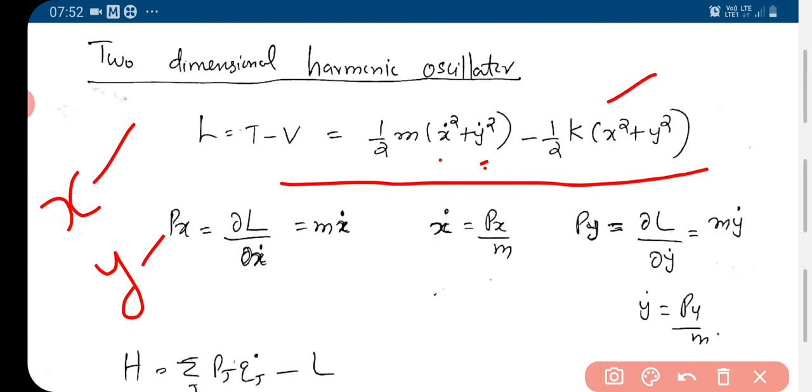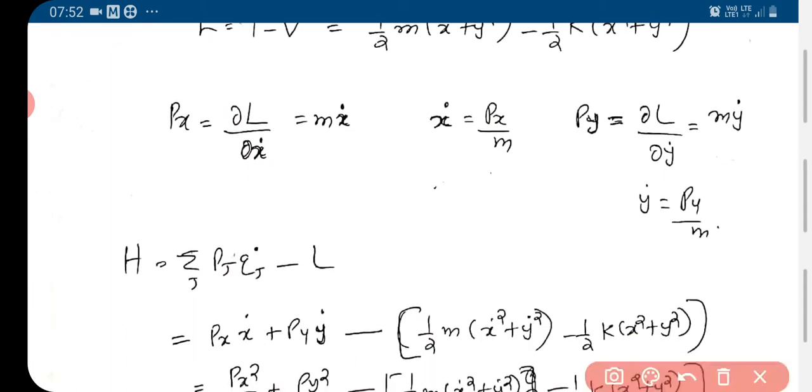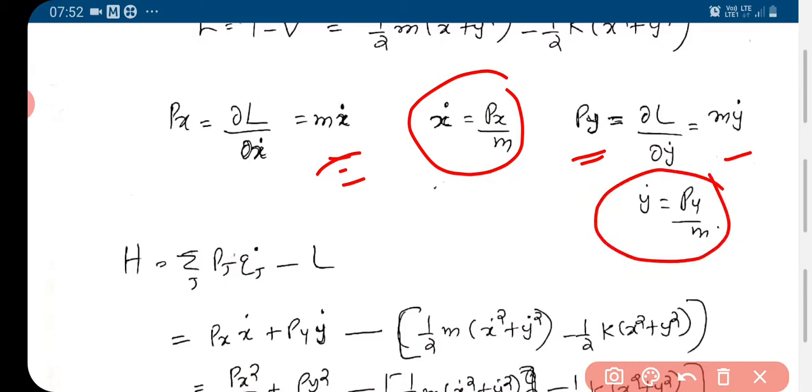So this is just a simple extension of the one-dimensional harmonic oscillator. And px is dou L dou x dot, that is m x dot, and x dot is px by m. For py, the generalized momentum corresponding to y, dou L dou y dot, that is m y dot, so y dot is py by m.